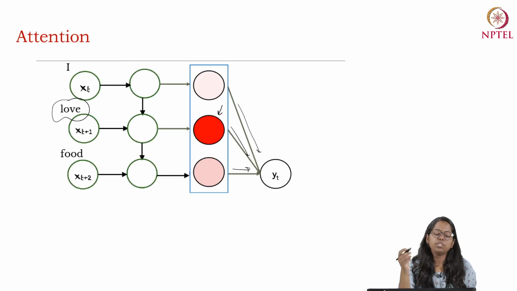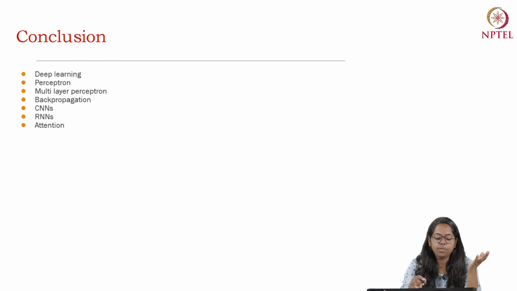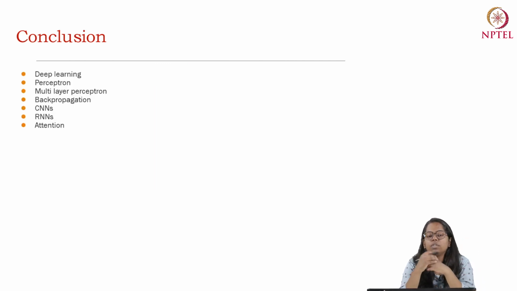So we saw in all these different lectures over deep learning, we got introduced to deep learning as a paradigm. Then we saw the perceptron and how we can use it in a multi-layer perceptron fashion in a feed-forward network. We saw the backpropagation algorithm, which is actually used to learn the different weights and biases of the feed-forward network.